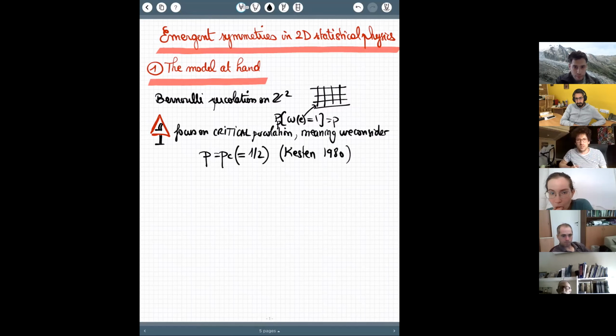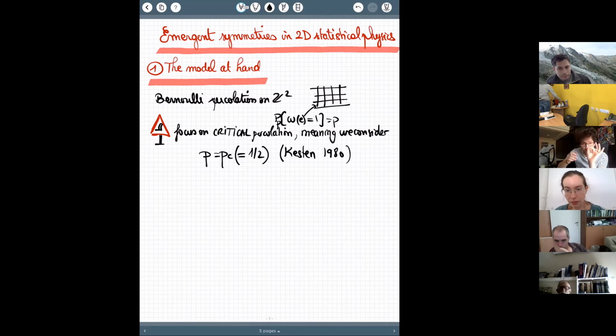The critical point, I hope most of you already encountered a little bit Bernoulli percolation, but for those who never looked at this, when you look at percolation, you can, for instance, ask whether there is an infinite connected component or not in the graph omega, the random subgraph. And there is a critical parameter, pc, above which you have an infinite connected component almost surely, and below which you have no infinite connected component almost surely.